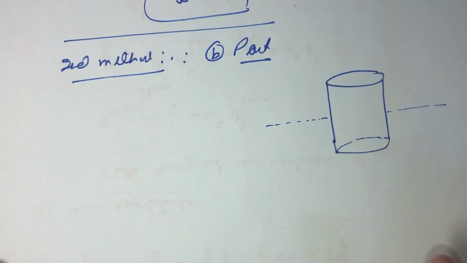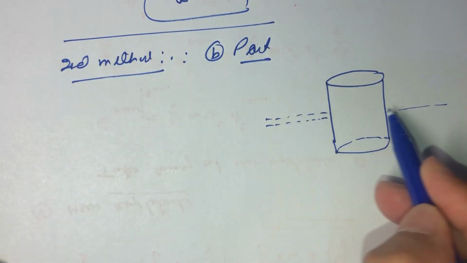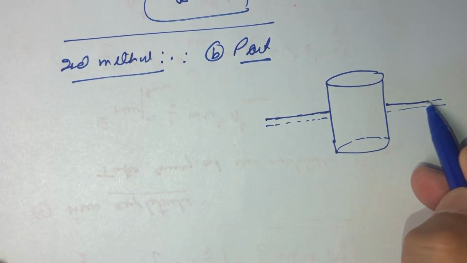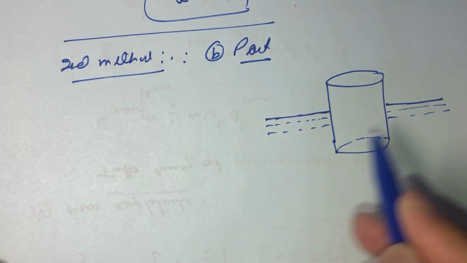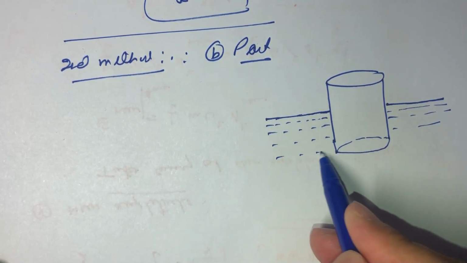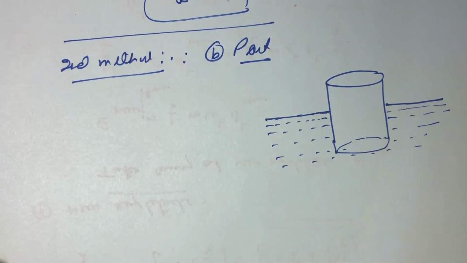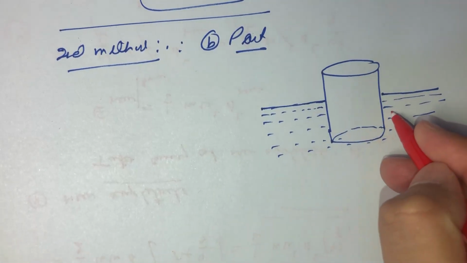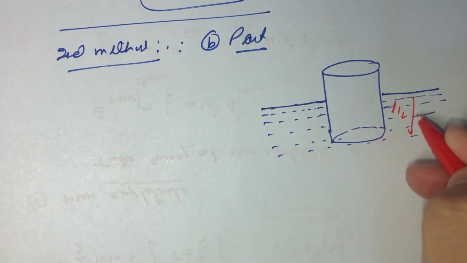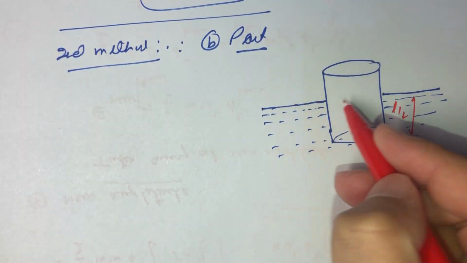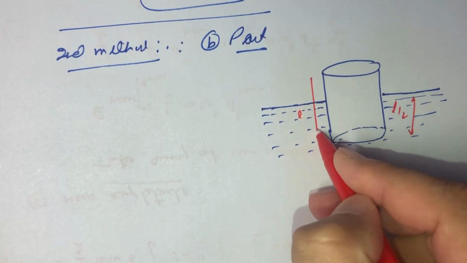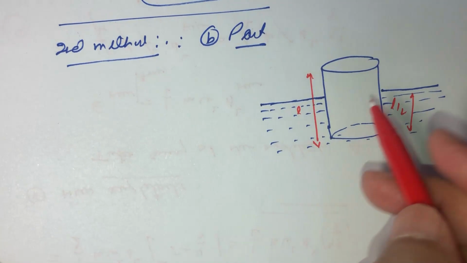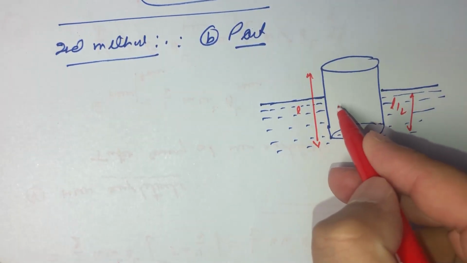This is the level of the water, and L by 2 is the submerged portion, where the total length of the cylinder is taken as L, and inside the shell cylinder there is a level of water.